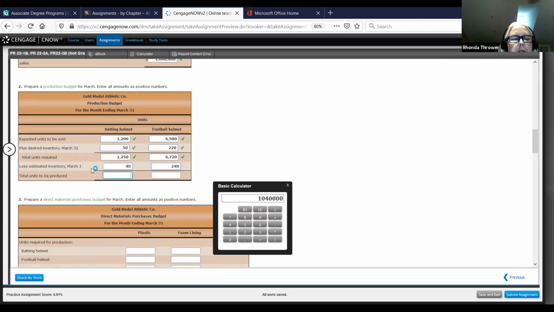And you're going to subtract this beginning inventory, and what that will leave you with is the total units to be produced.